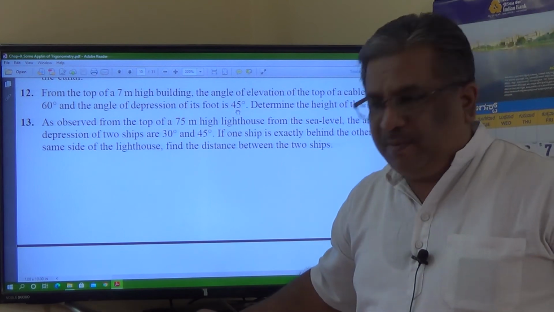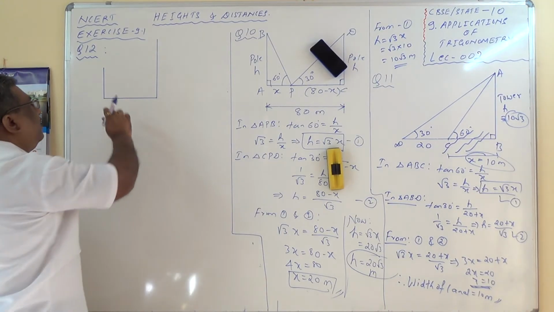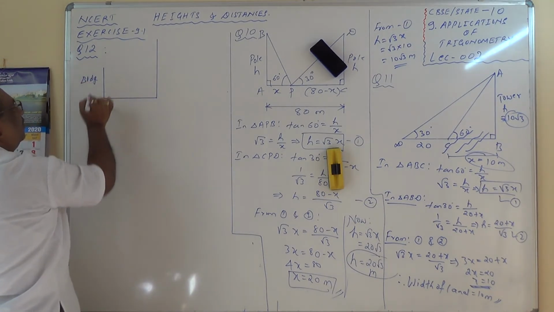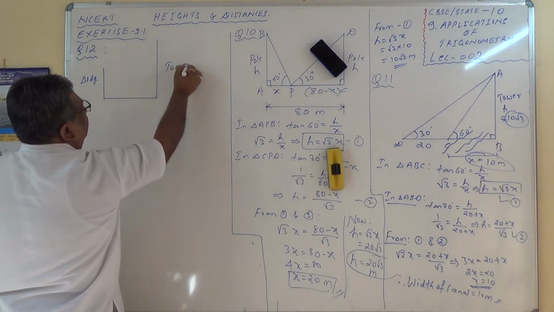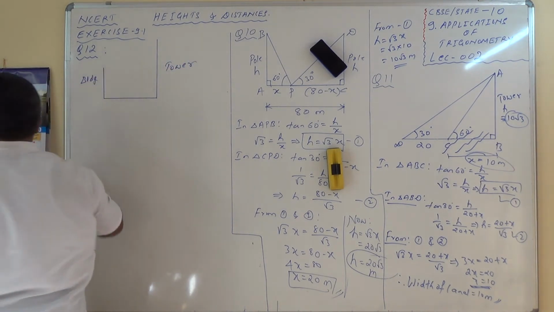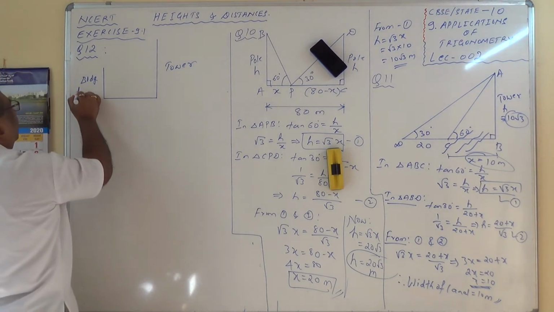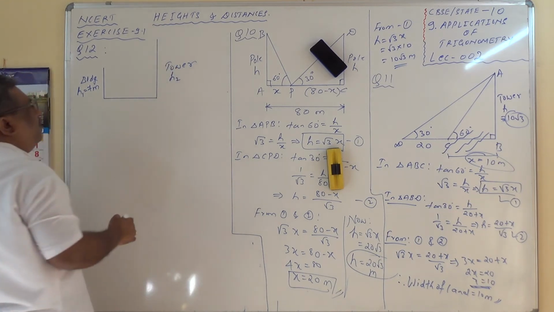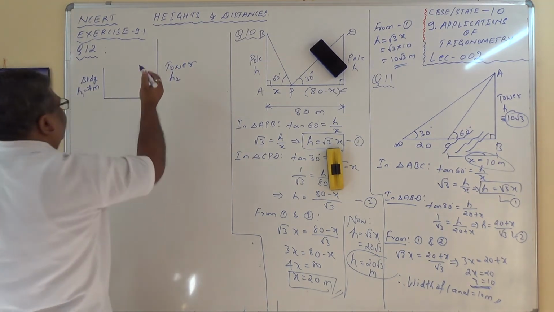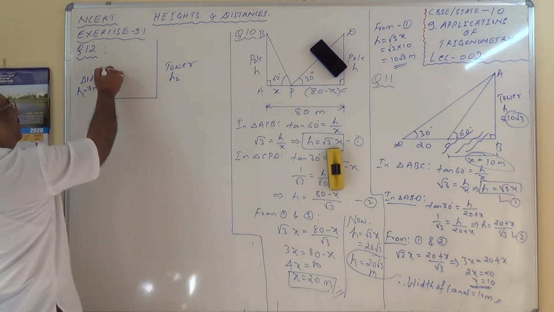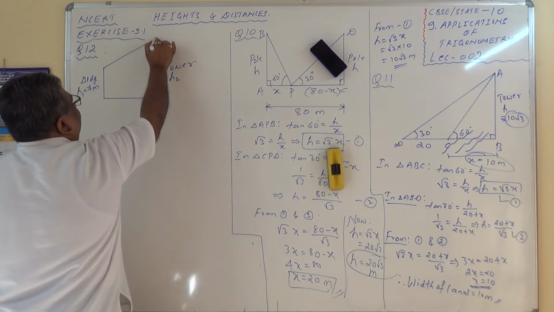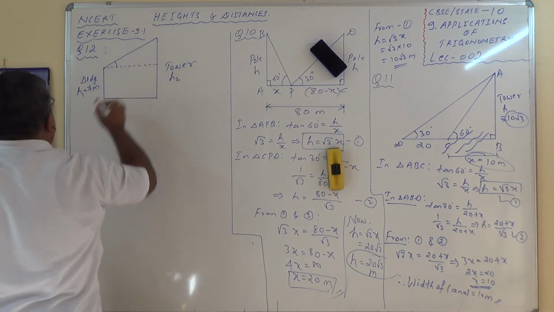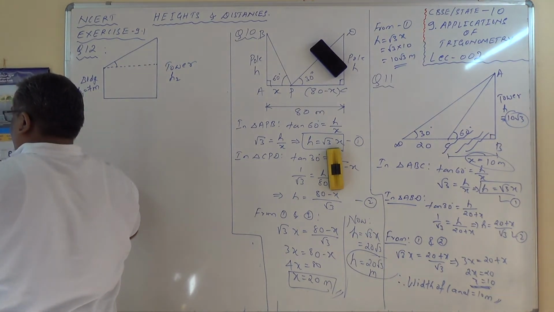Determine the height of the tower. Simple question, we solve it on the board. Here I am considering this as the building and this as the tower. What is the height of the building? 7 meter. H1 equals 7 meter. Let H2 be the height of the tower, which we have to find out. From the top of the building, we are observing the top of the cable tower.